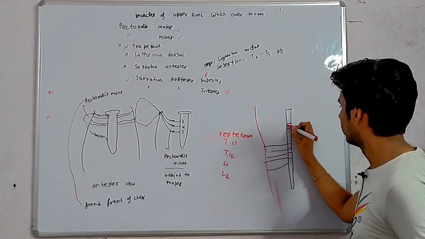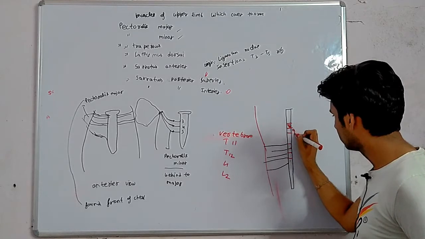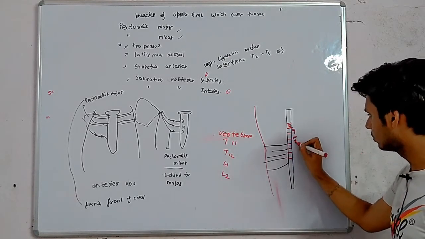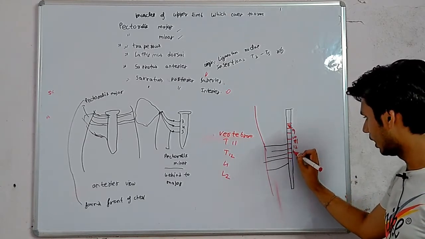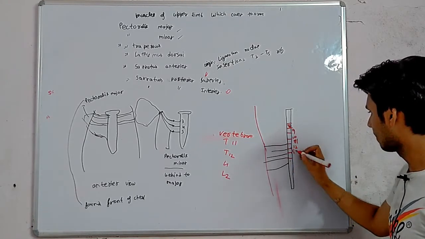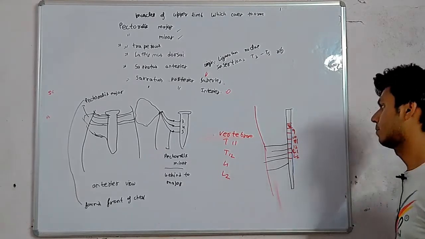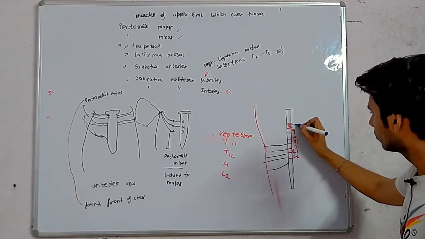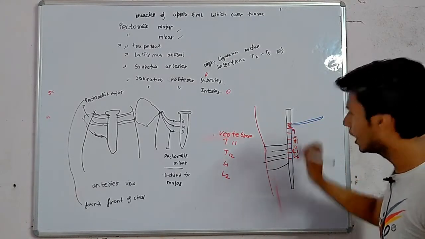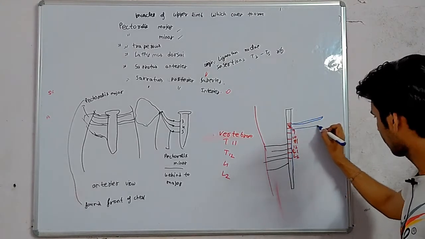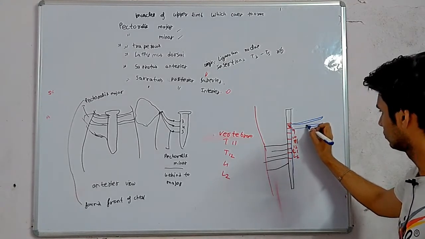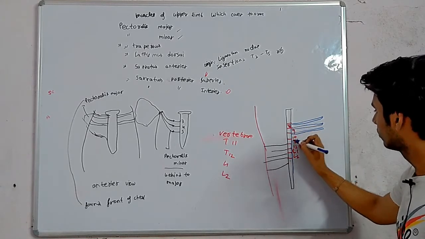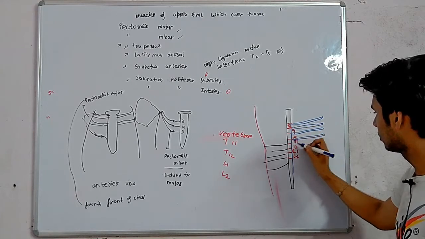Okay. T8, 9, 10 are thoracic vertebrae. 11, 12, L1, L2. Done. So the 8th rib arises from the T8 vertebra, then 9, 10, 11, 12th rib.